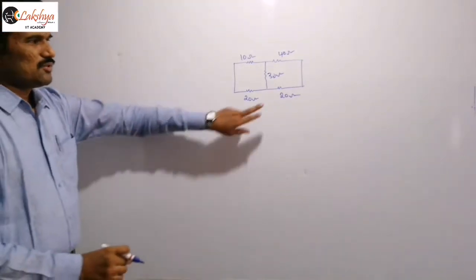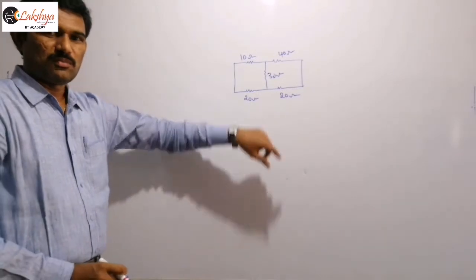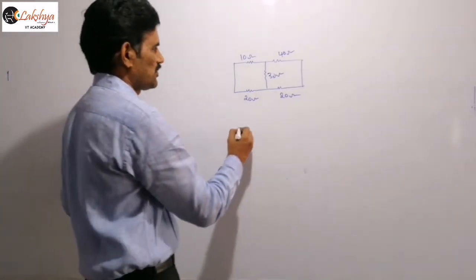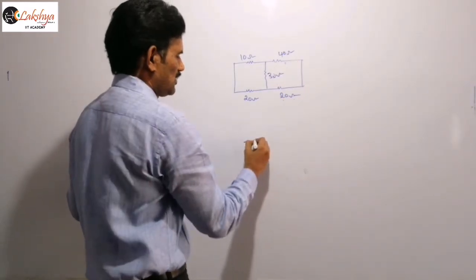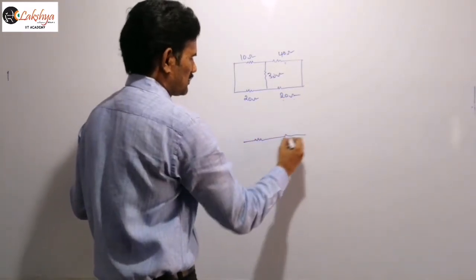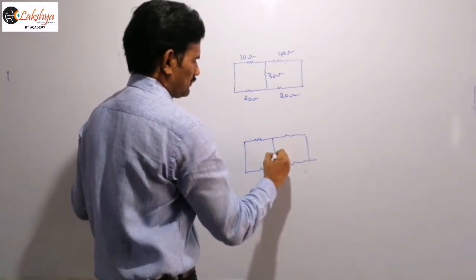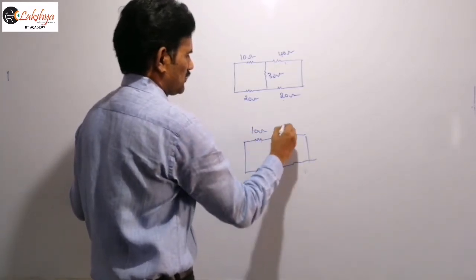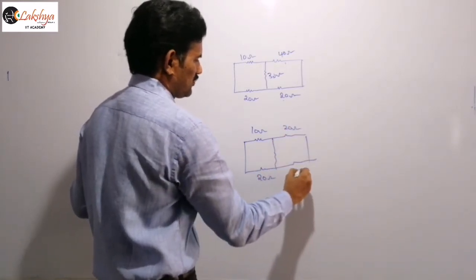And so now even if we interchange these two resistors, the bridge will be a balanced bridge. That means if you are interchanging this resistance here and 40 ohms is connected here, then the resulting circuit will be like this. That means this is 10, 20 and this is 20 and here you will get 40.